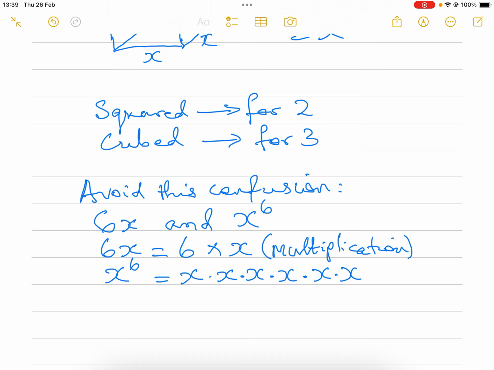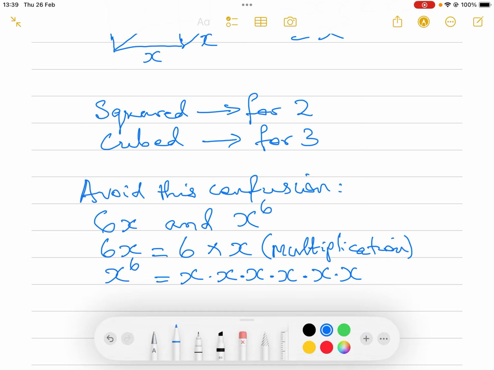So one is multiplication by 6, and the other is repeated multiplication of x.